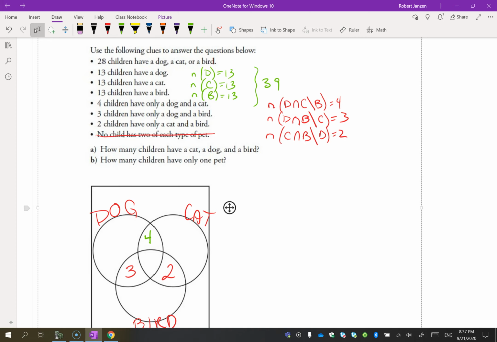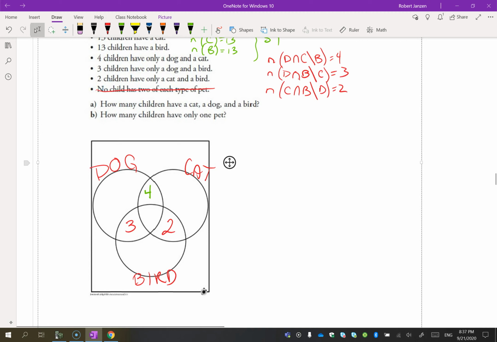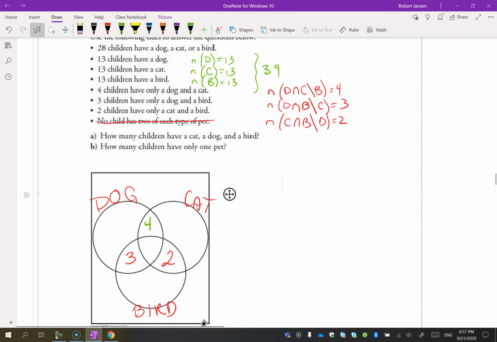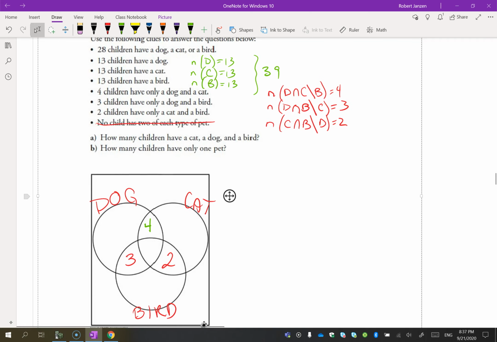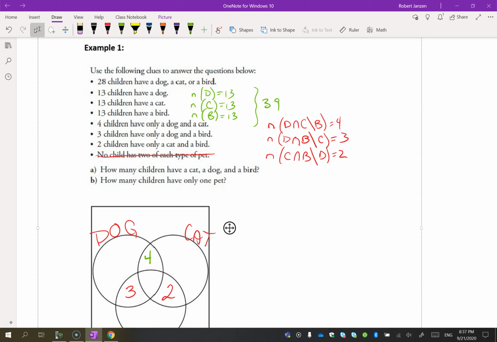Okay, well, some things don't seem to add up here. It says that there is only 28 people involved in this set. The universal set is 28. But somehow we have 39, so we have to figure out this overlap.